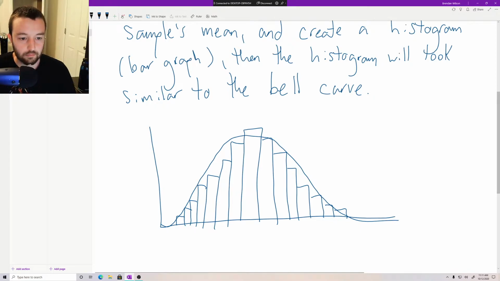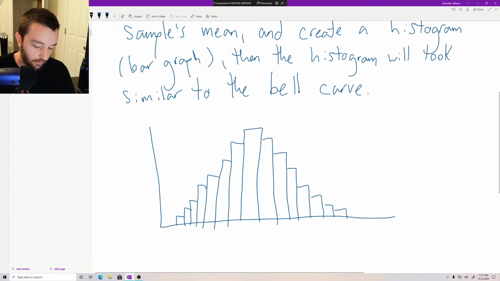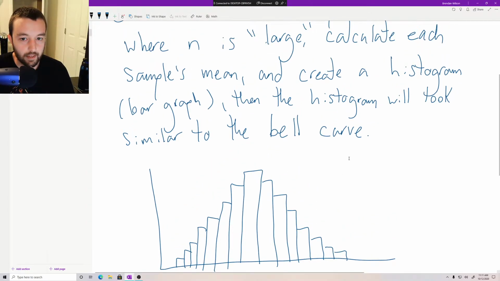And the bars here are the samples' means. Okay. We're creating a bar graph of the means. So like this would be the first sample's mean, maybe this would be the second, this would be the third.